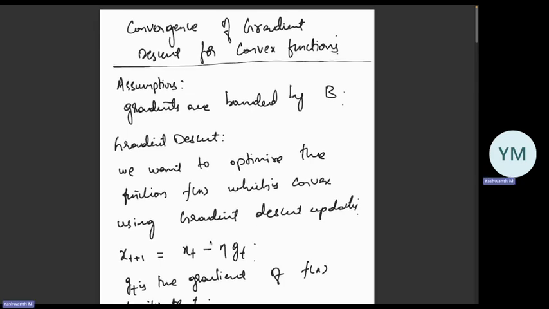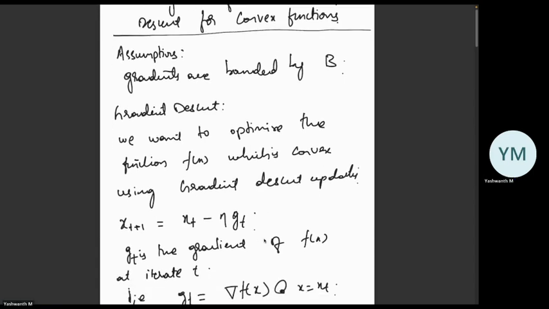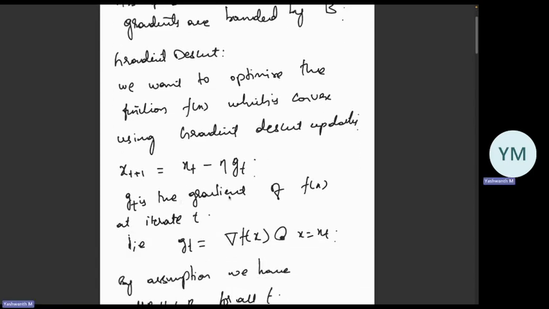For the gradient descent updates, the next iterate is obtained from the current iterate by moving in the descent direction, which is the negative of the gradient. Eta determines the learning rate, and g_t is the gradient of f of x at iterate t. We assume x lies in d-dimensional space of reals, that is R^d.